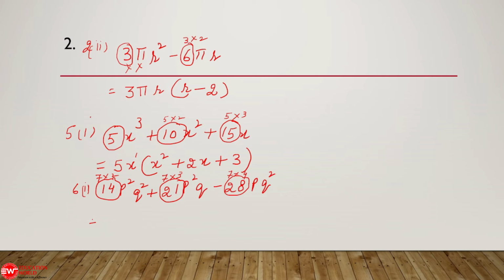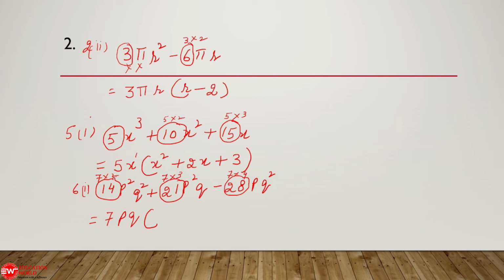Now you just see what is common. So 7 is common. Here it is p square but p power 1. Remember that the common power must be the lowest power. Clear? So it is q square, q power 1, again q square. So you will take q only.